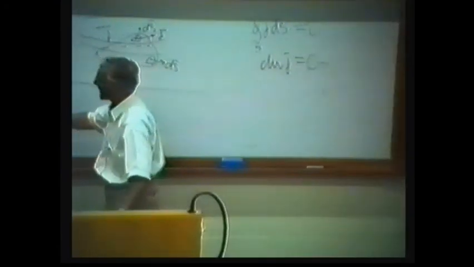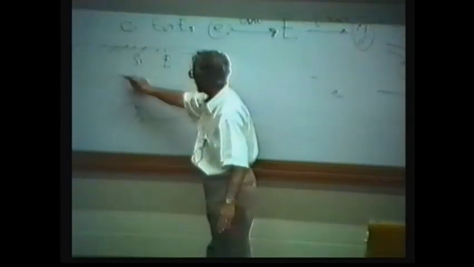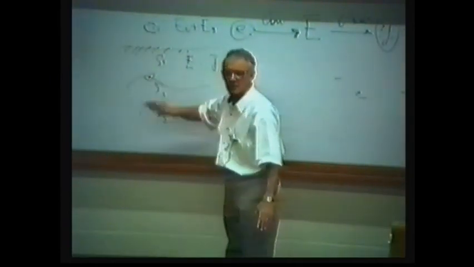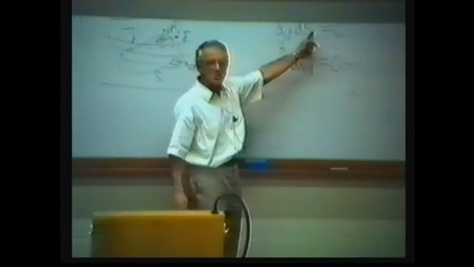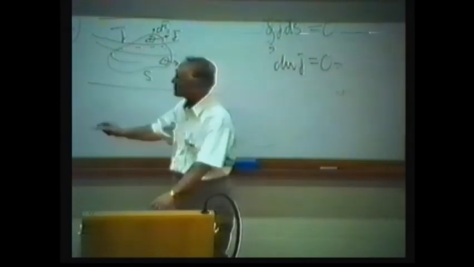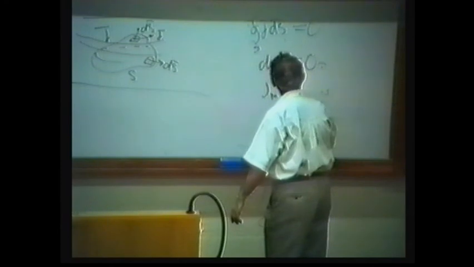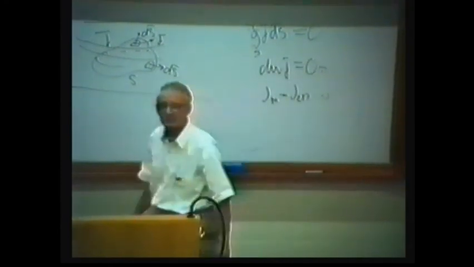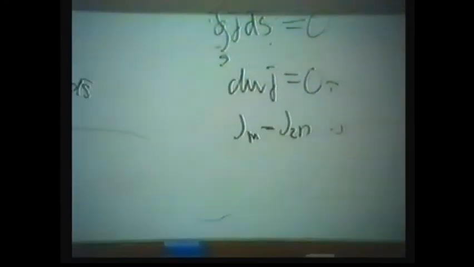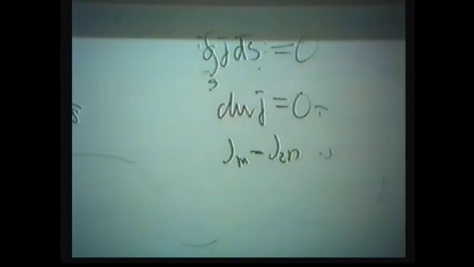And there is another last form which is vital. I have an interface. From this equation it follows that the normal component of current density must be equal. Let us, for curiosity, assume they are not equal. What would happen?